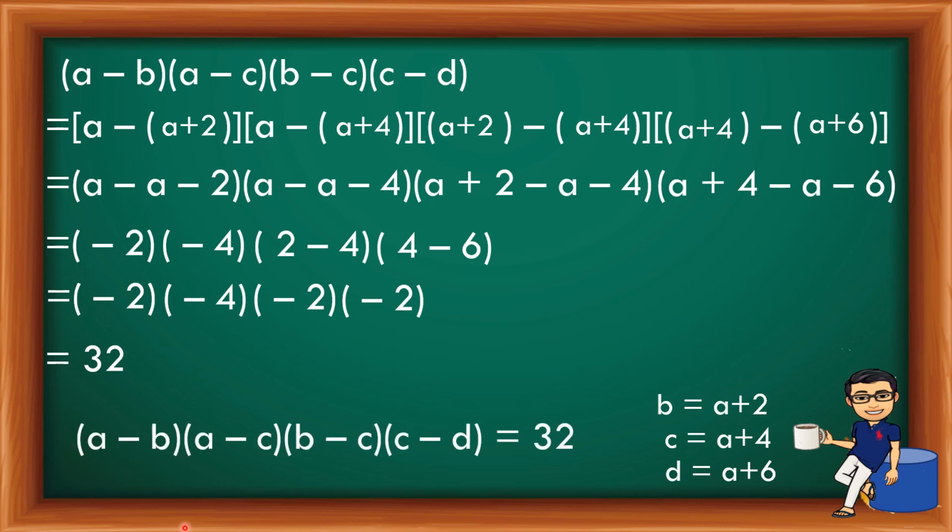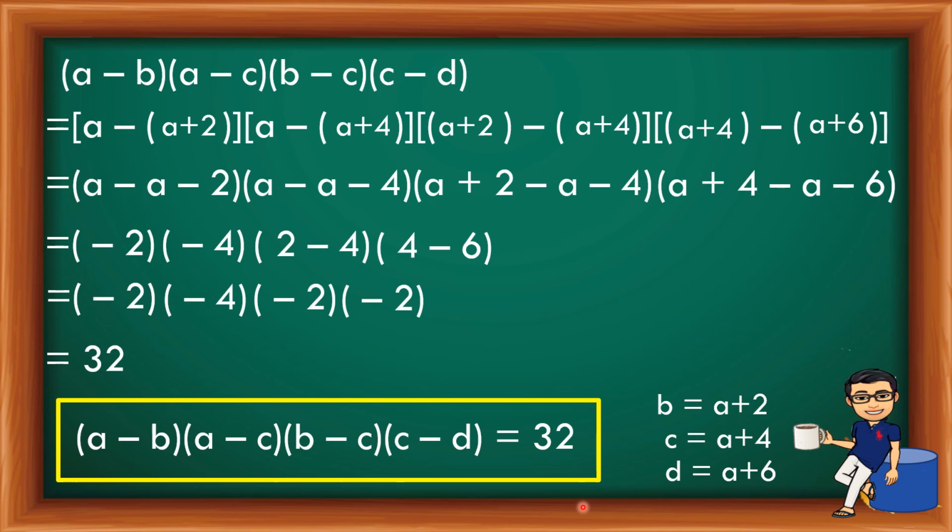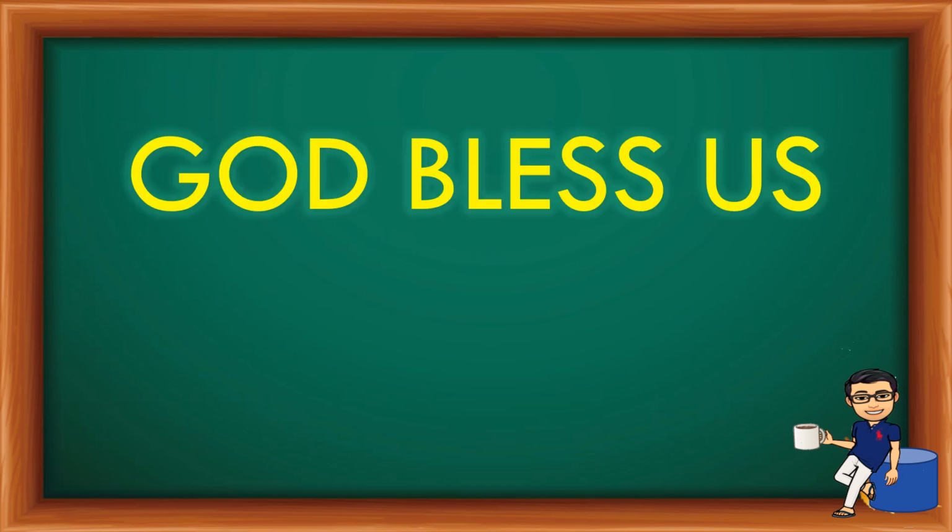Therefore, the quantity A minus B times the quantity A minus C times the quantity B minus C times the quantity C minus D is equal to 32. I hope we learned something with our new algebra challenge. God bless us.